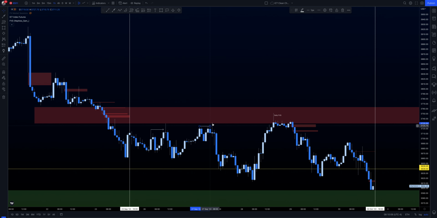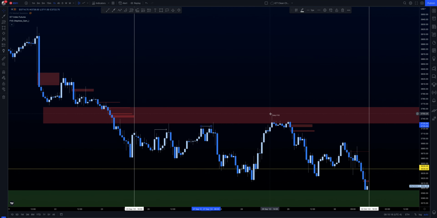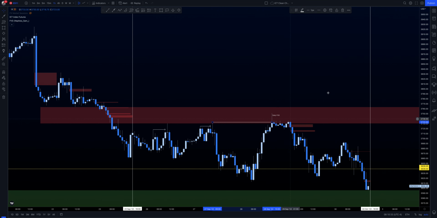We've got an old high here as well as that daily fair value gap, which was created from the high of this candle. And then we don't actually have a raid on buy side liquidity here. And this was 3 o'clock in the afternoon. So what I will do is I'll draw that on and we can back test that. Okay, and then Friday, nothing obvious on the 1-hour time frame.